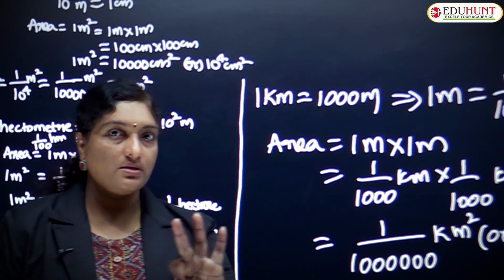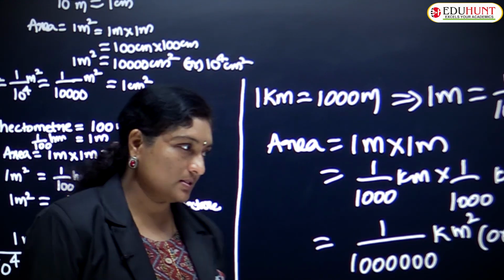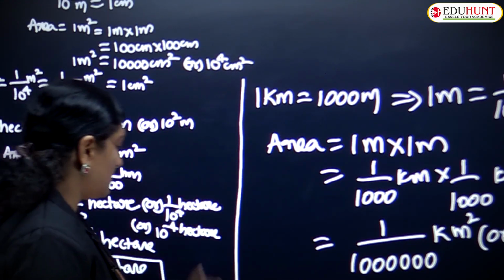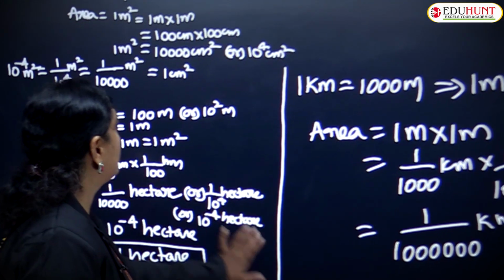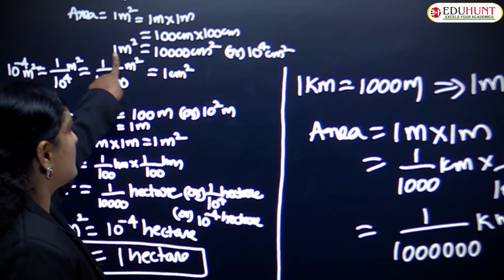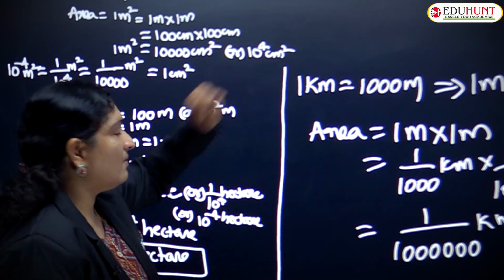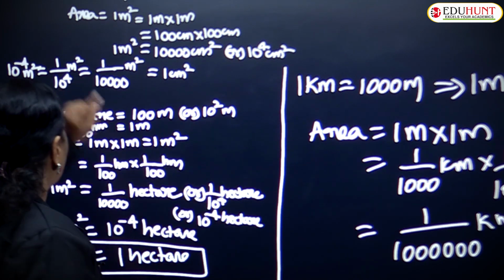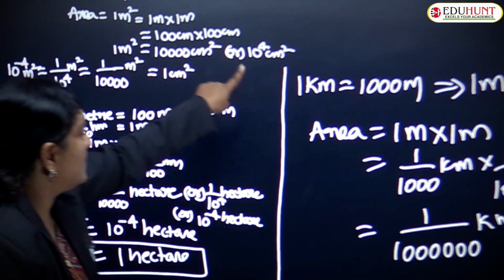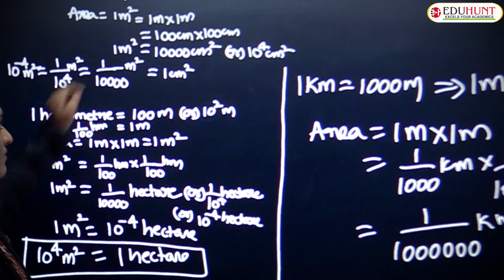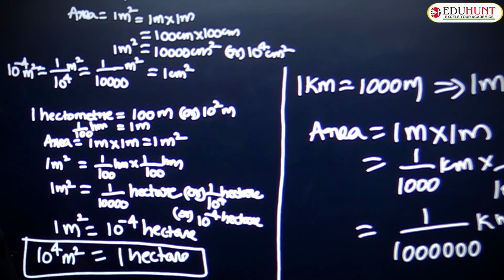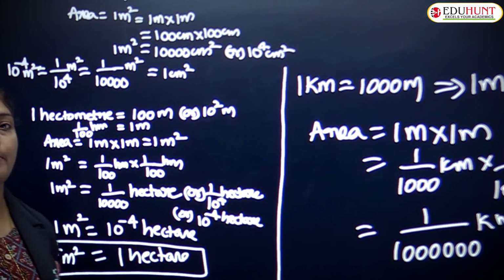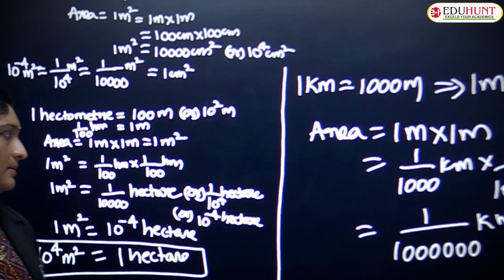So, 3 conditions you need to remember at any cost. First one: 1 meter square is equal to 10 power 4 centimeter square, whereas 1 centimeter square is equal to 10 power minus 4 meter square. Case 2: 1 hectare is equal to 10 power 4 meter square, or 1 meter square is equal to 10 power minus 4 hectare.